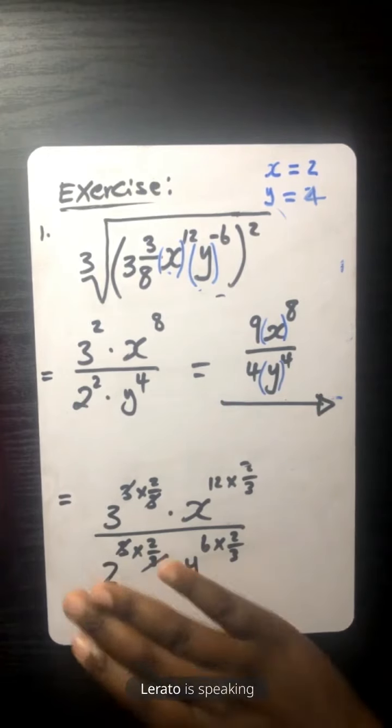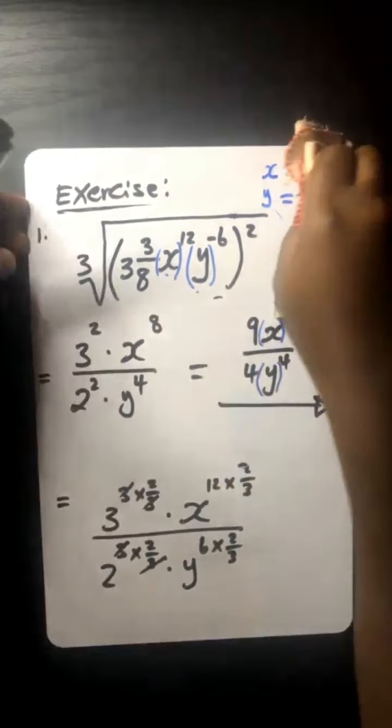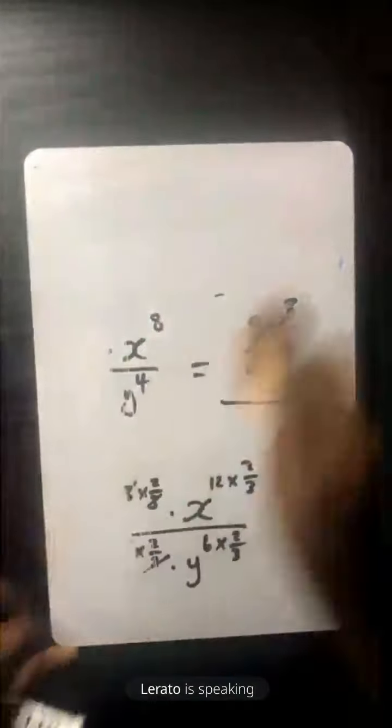Ladies and gentlemen, did all of this make sense? Say it did. Yes, sir. 100%. So we did a very simple problem, and this one was a bit more complicated.